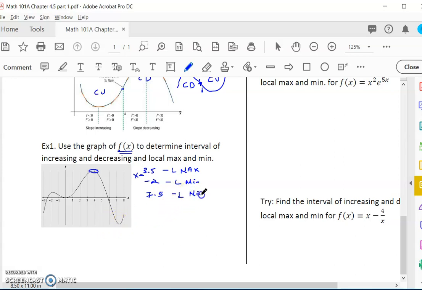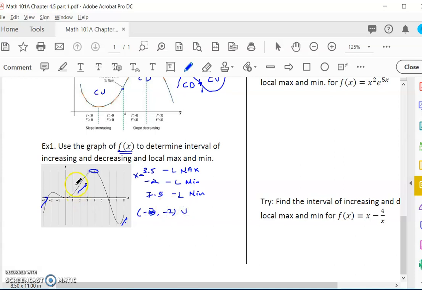There are two local mins. What about increasing and decreasing? We just draw a tangent line. This is increasing, not this one. This is increasing. This is increasing. So you just write the x interval. From, let's say, negative 3 to negative 2, that's increasing.